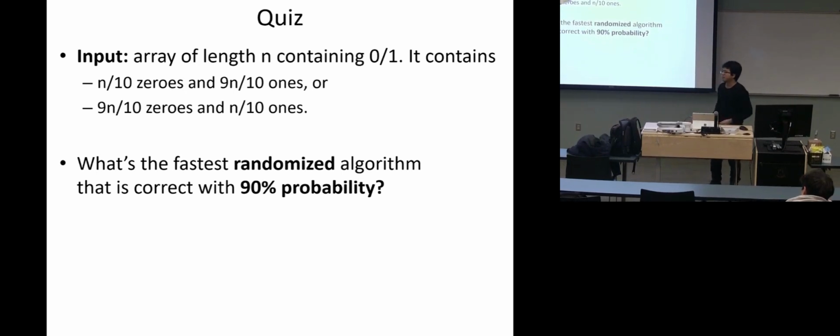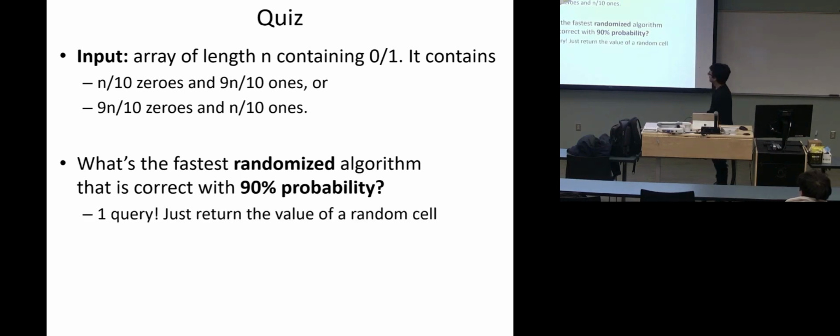What's the algorithm? You just sample any element of the array and return that element. Exactly, so just one query. Look at a random cell, query it, and return whatever it is.